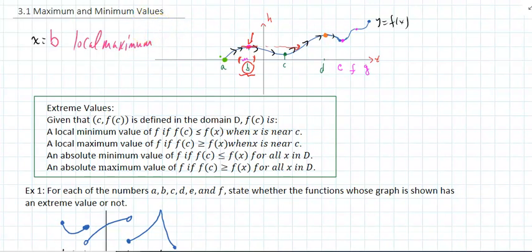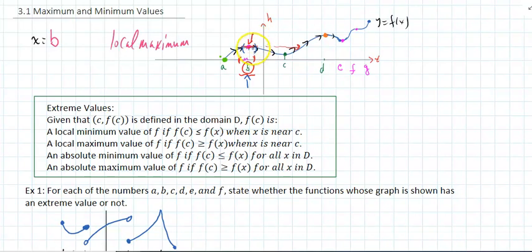So what is a local maximum? A local maximum is a maximum around a point, provided you're not looking that far, just barely around it, in the vicinity of that point. So x equal b is a maximum.